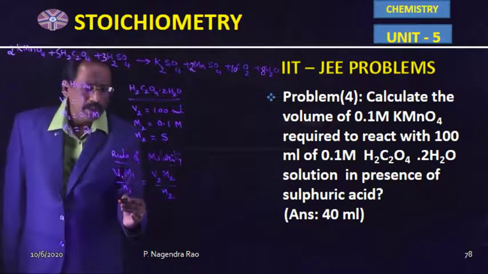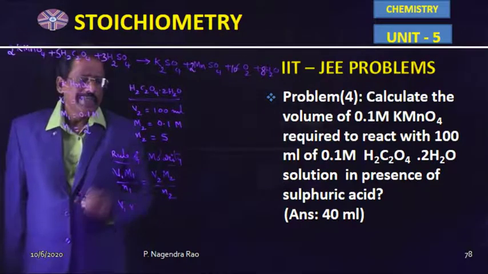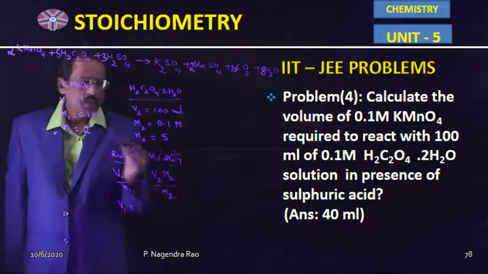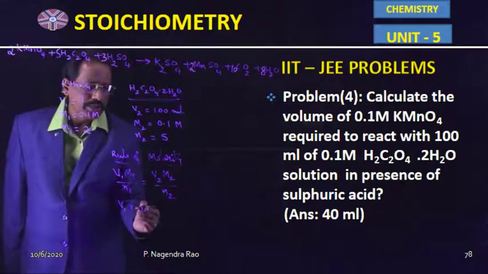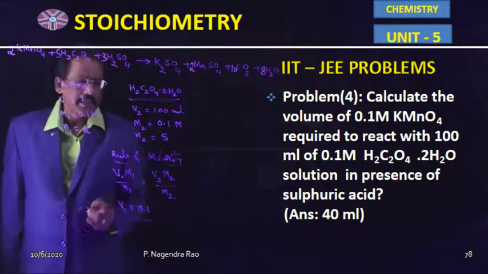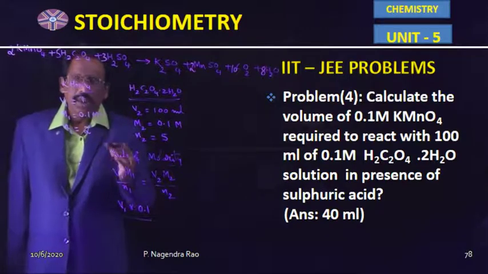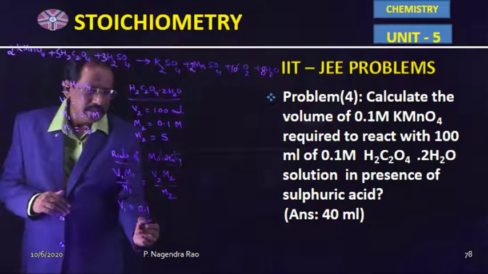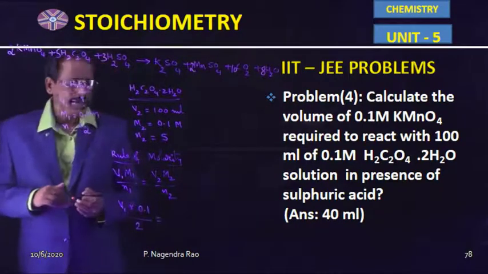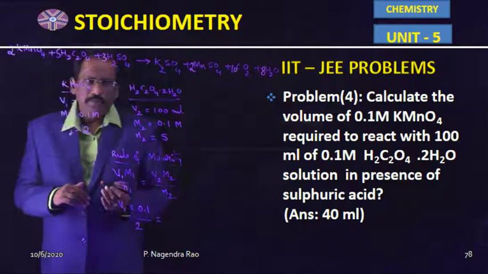Therefore, V1 into M1, so the molarity of KMnO4, which is equal to 0.1, divided by the number of moles of KMnO4 used in this reaction, 2 moles, is equal to V2.